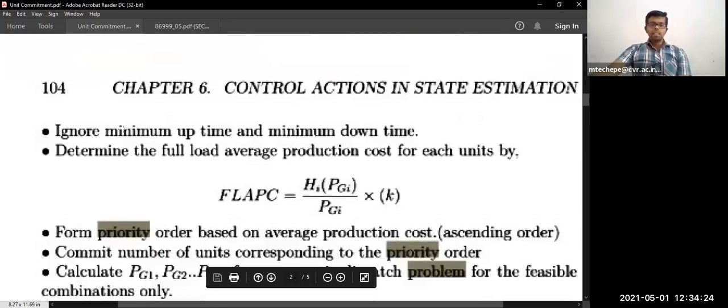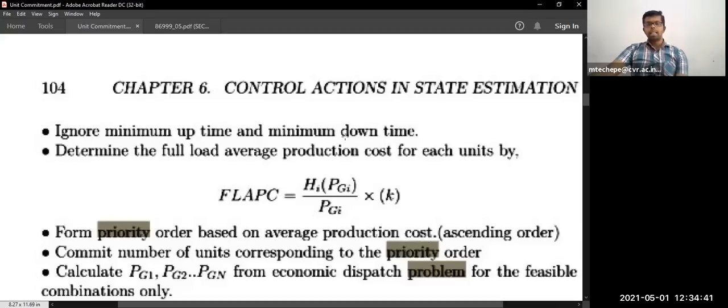Next is to ignore minimum uptime and minimum downtime constraints. In economic load dispatch we have considered minimum uptime and minimum downtime. For operating, there is some minimum uptime and downtime, like it should not reduce below 2 hours and should not exceed 8 hours.